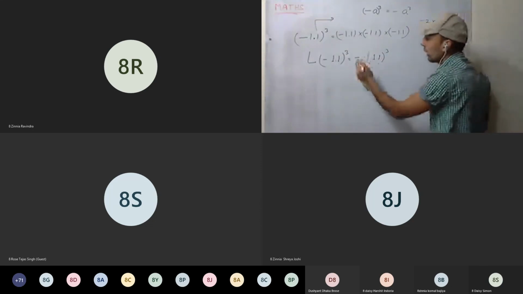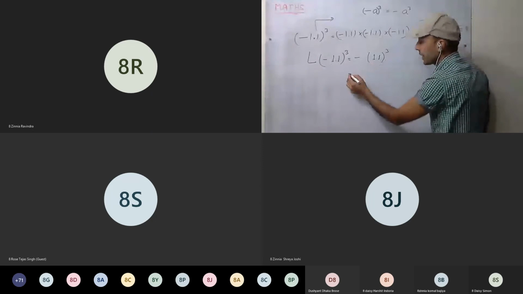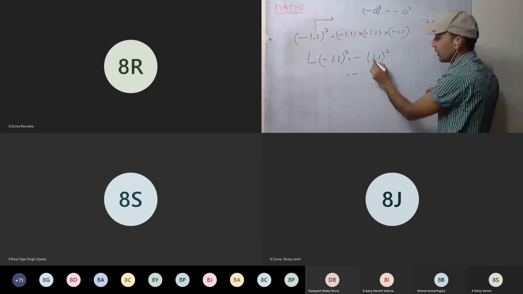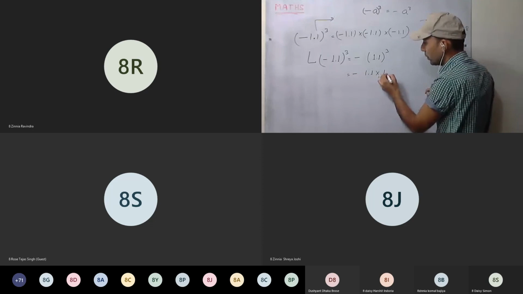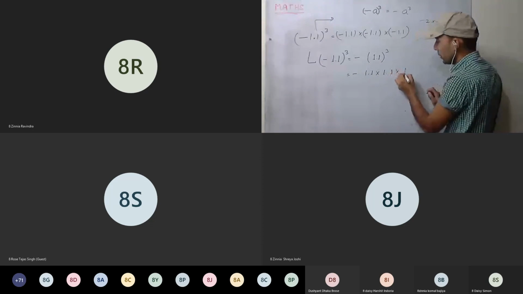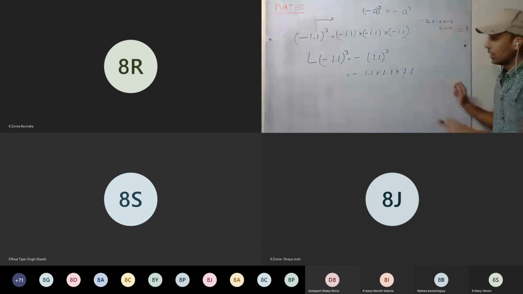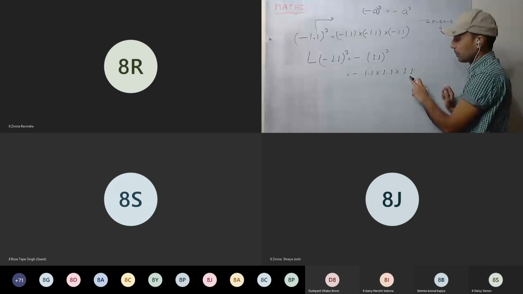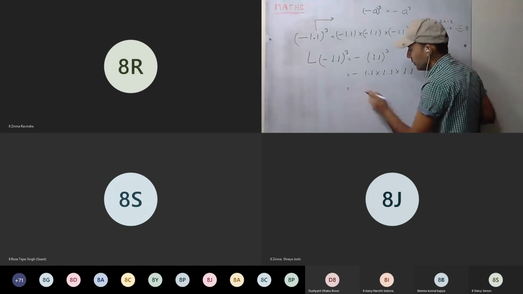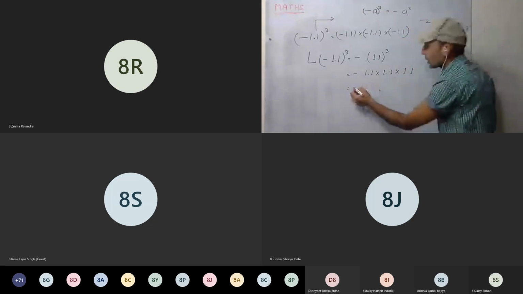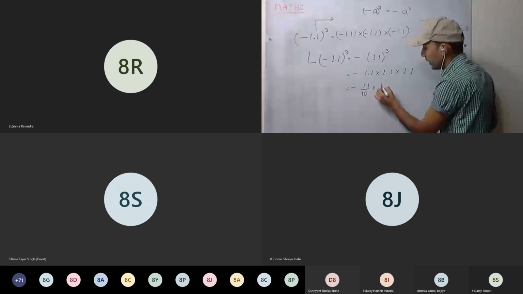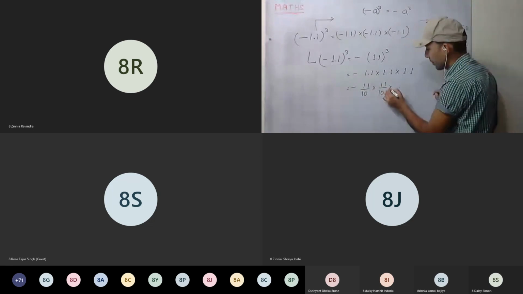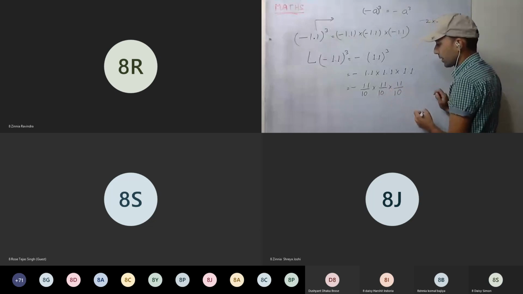So now we have to do nothing with the minus. It will remain as such. 1.1 cube can be written as 1.1 into 1.1 into 1.1. These we have to multiply. So 1.1 can be written as 11 upon 10 into 11 upon 10 into 11 upon 10.